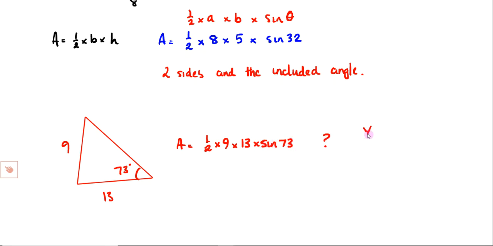Yes or no? No. Why not? Greg? Because it does not have two sides and the included angle. Exactly. Right? These are the two sides that I know. Which angle would I need to know? One that it creates.